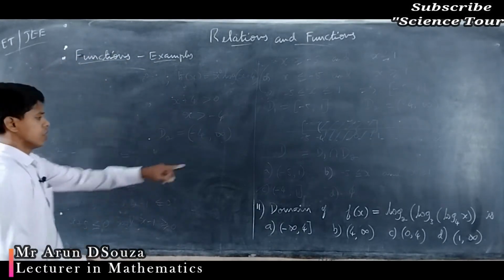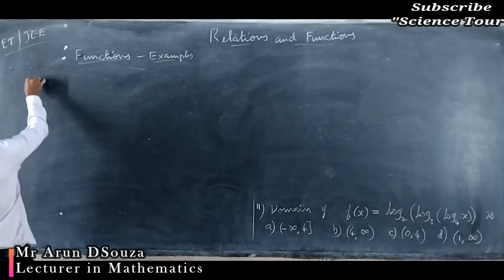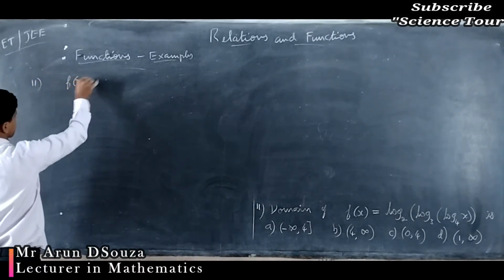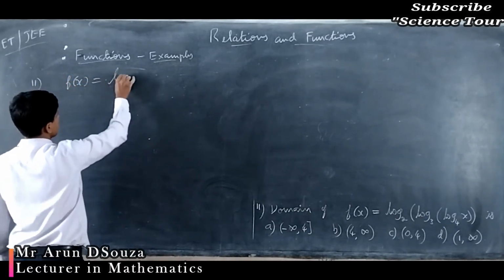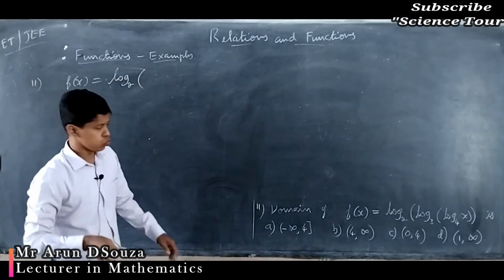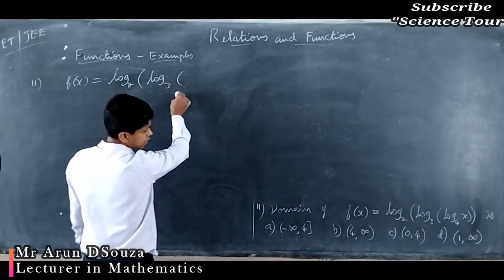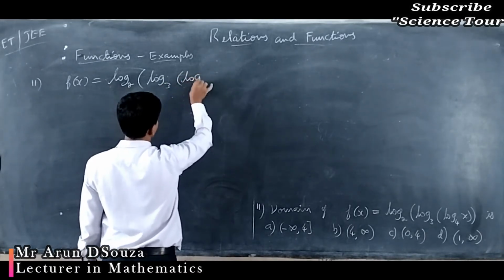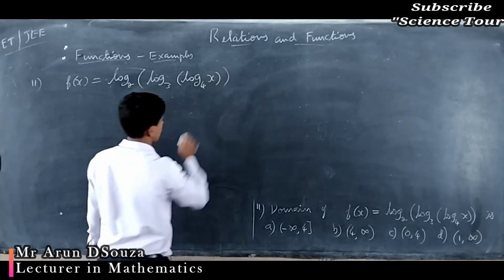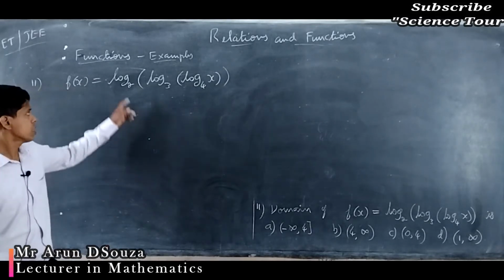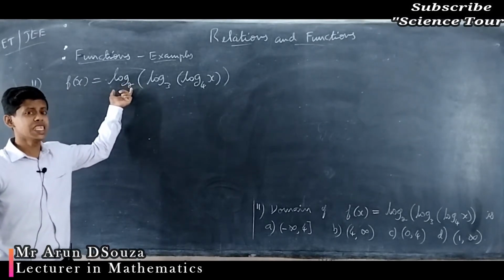Look at question number 11. You have got f of x there, and that is log to the base 2 of log to the base 3 of log to the base 4 of x. Well, now when do you think a function with log will be defined?